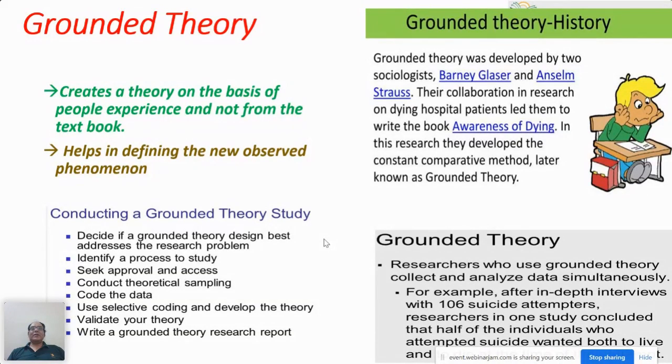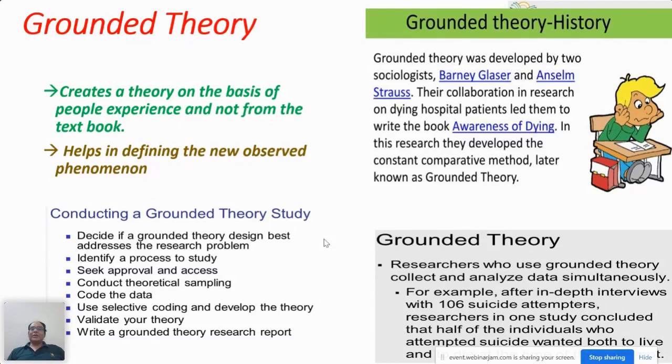Like theory of reasoned action, theory of consumer behavior. Initially, all the theories were developed on the basis of qualitative research, but after that they became well-established theories. Initially they came from the grounded theory approach.